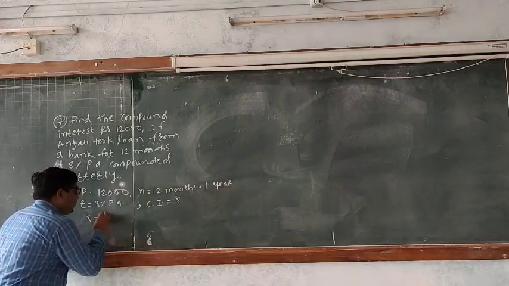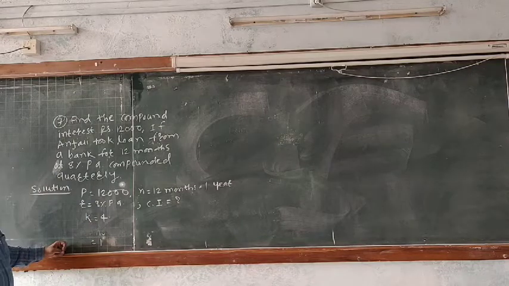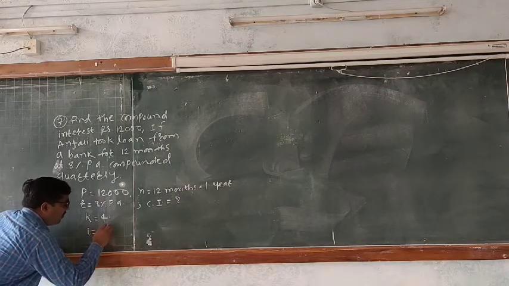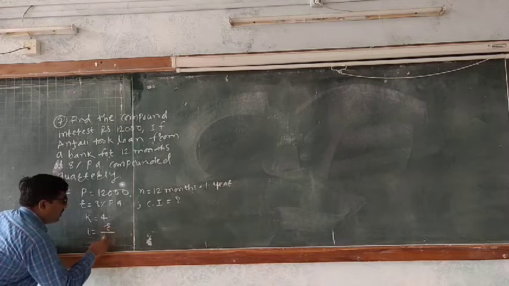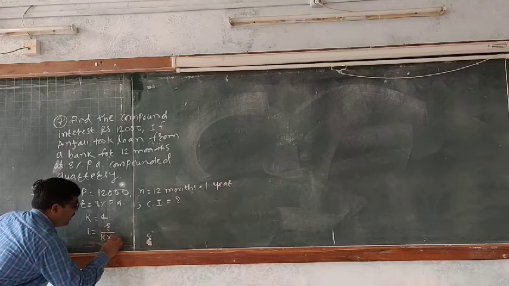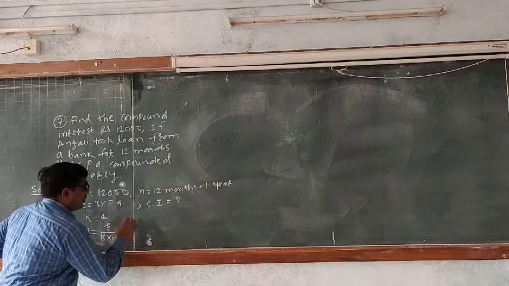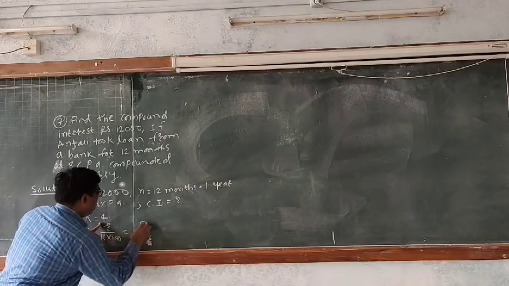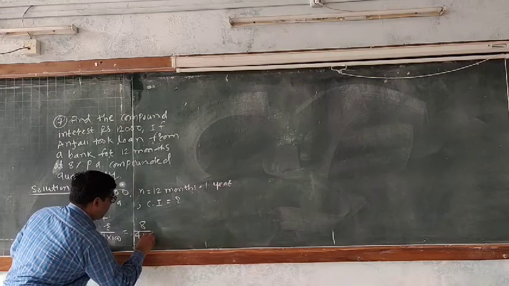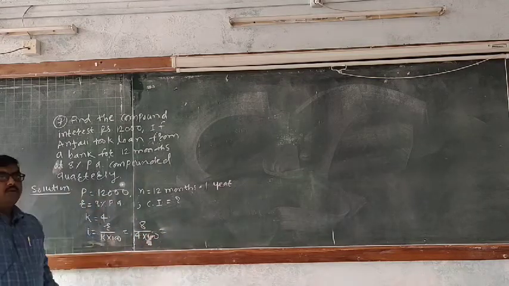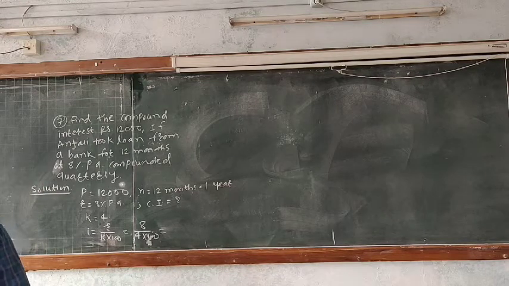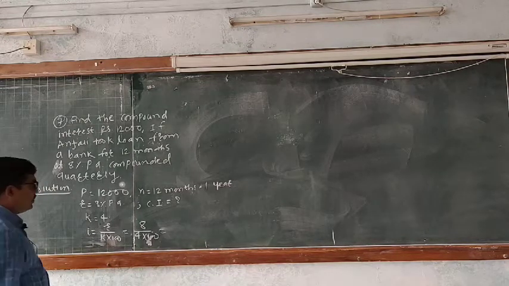So K equals 4. Now find out the I. I equals R upon K into 100. R is 8, so 8 upon 4 into 100. This can be calculated by using the calculator: 0.02.